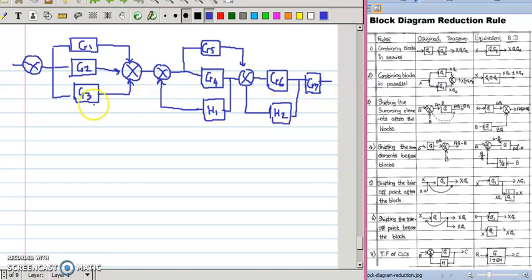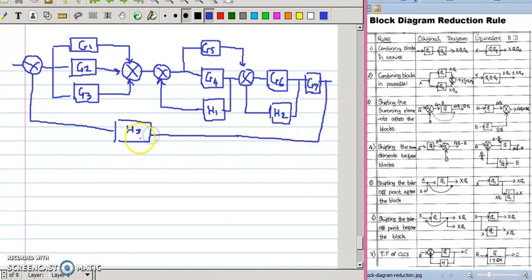See, this is the block, and one more feedback is there, the overall feedback, that is H3. Maybe you think that this is the most difficult numerical because there are a number of blocks available.